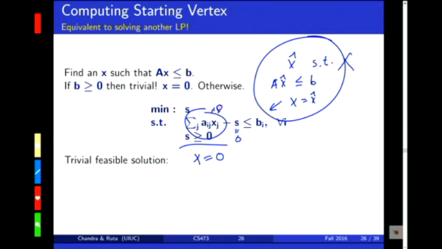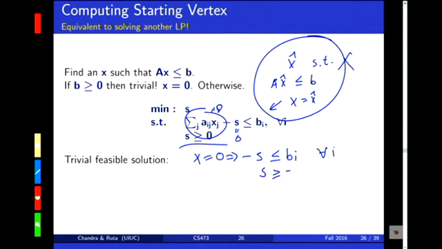So you just remain with, what is the solution of this? So you're just saying that S should be at least minus b_i for all i.